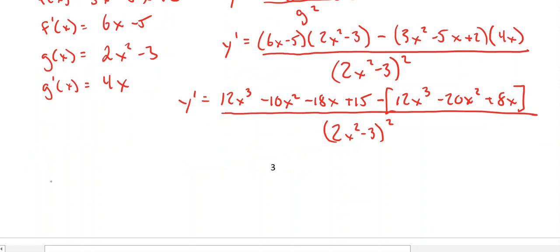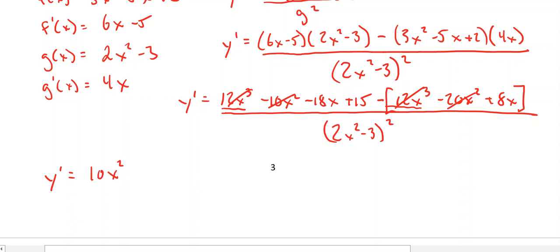So next step, let's see. We're going to distribute this negative, which is going to change all of these signs. So we have a 12x cubed here, and this minus 12x cubed will cancel out. They go bye-bye. We have a negative 10x squared, and then this minus this negative will be plus 20x squared. So plus 20 and minus 10 would be plus 10. So we have 10x squared. That takes care of that term and that term.